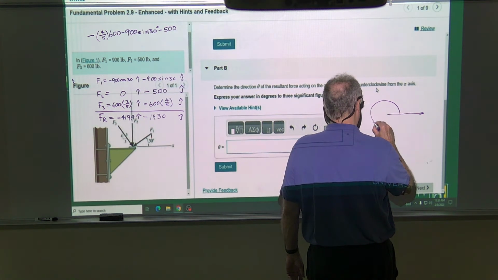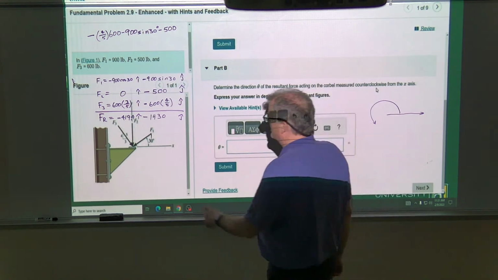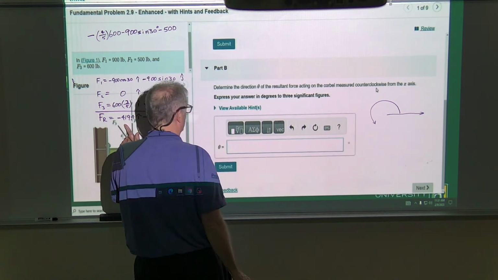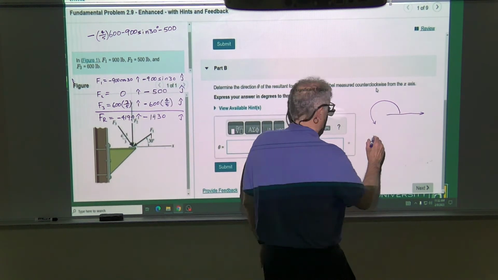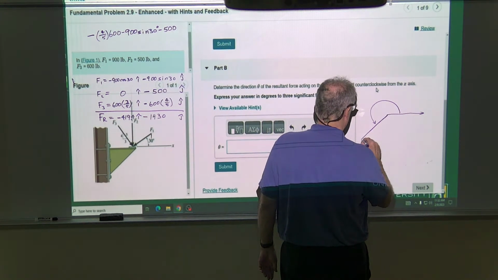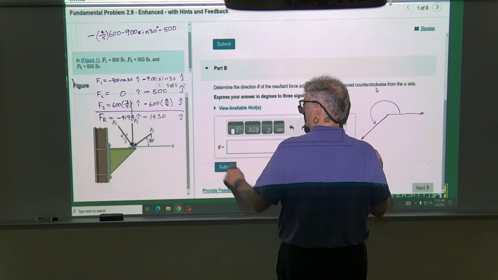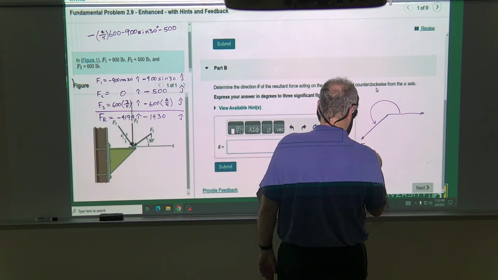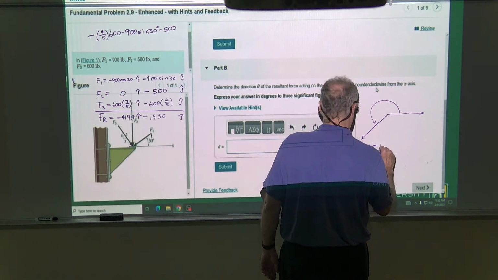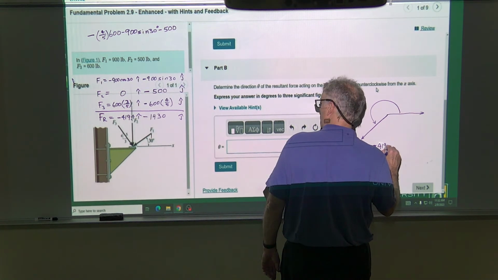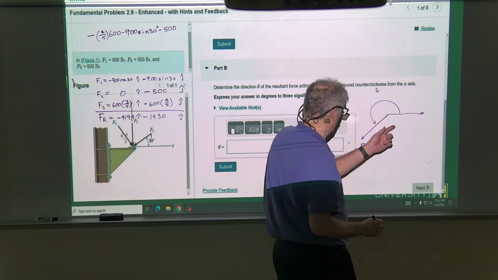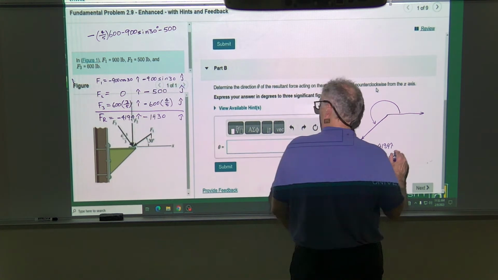So okay, it's a minus and a minus. I may not have my directions completely. Okay, so I go back this far, and then I go down.